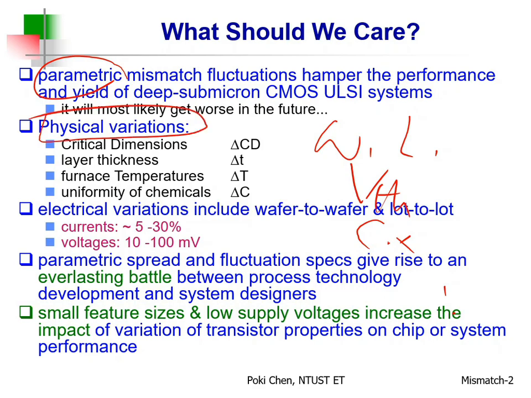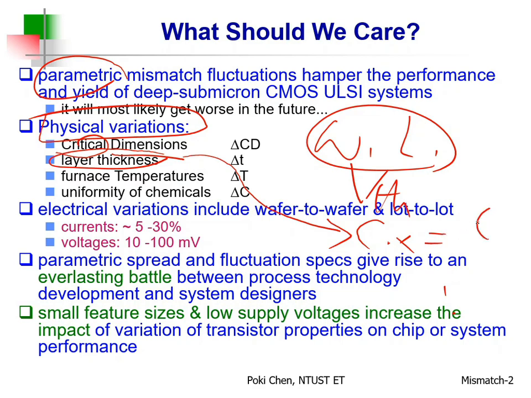And as I mentioned, there are such physical variations, especially for critical dimensions, critical devices, and layer thickness, just like what I mentioned with C oxide, because C oxide equals epsilon, the dielectric constant, divided by the distance, the thickness of the layer.